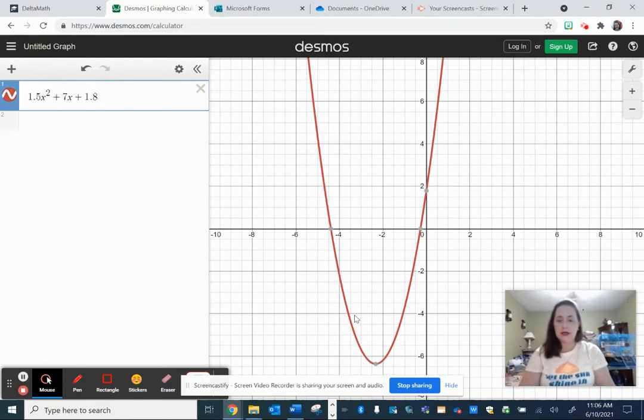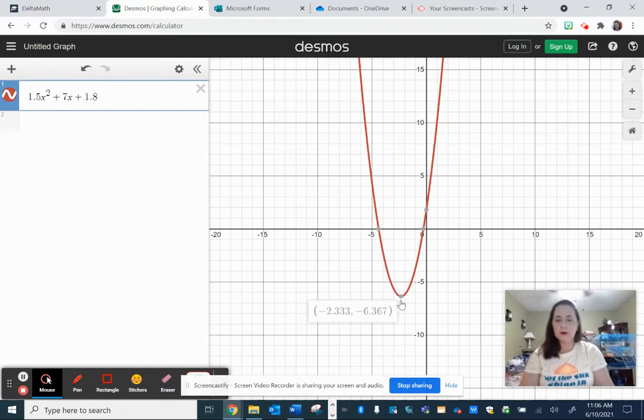And if we look at that, we can see that the coordinates of the vertex, and it wants us to round to the nearest hundredth, so make sure you read carefully, would be negative 2.33, comma, negative 6.37. So we want to make sure that we write that correctly.